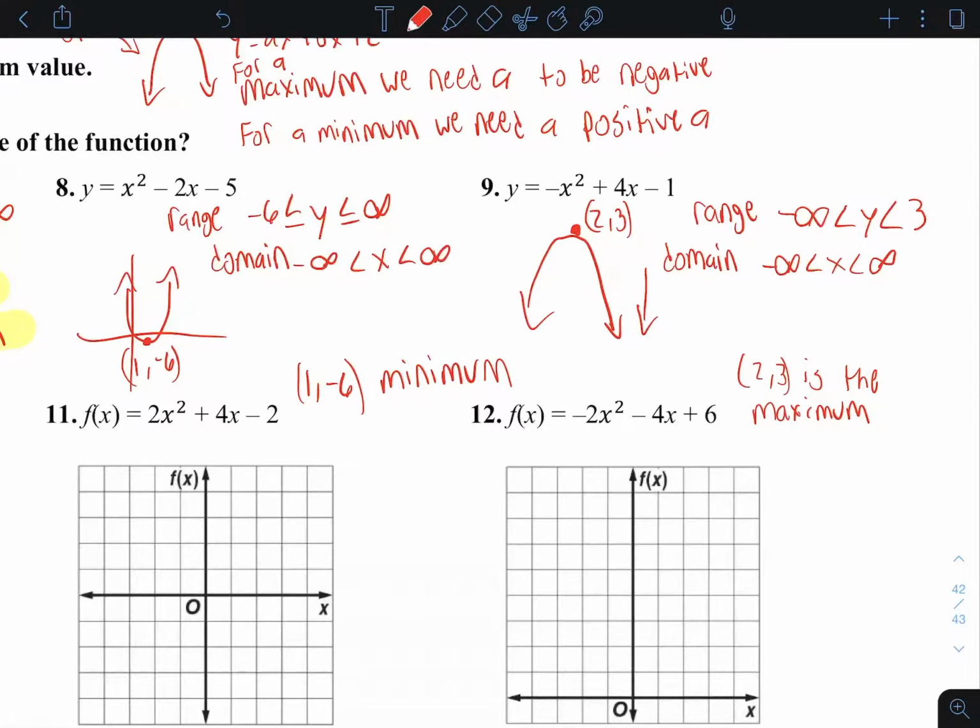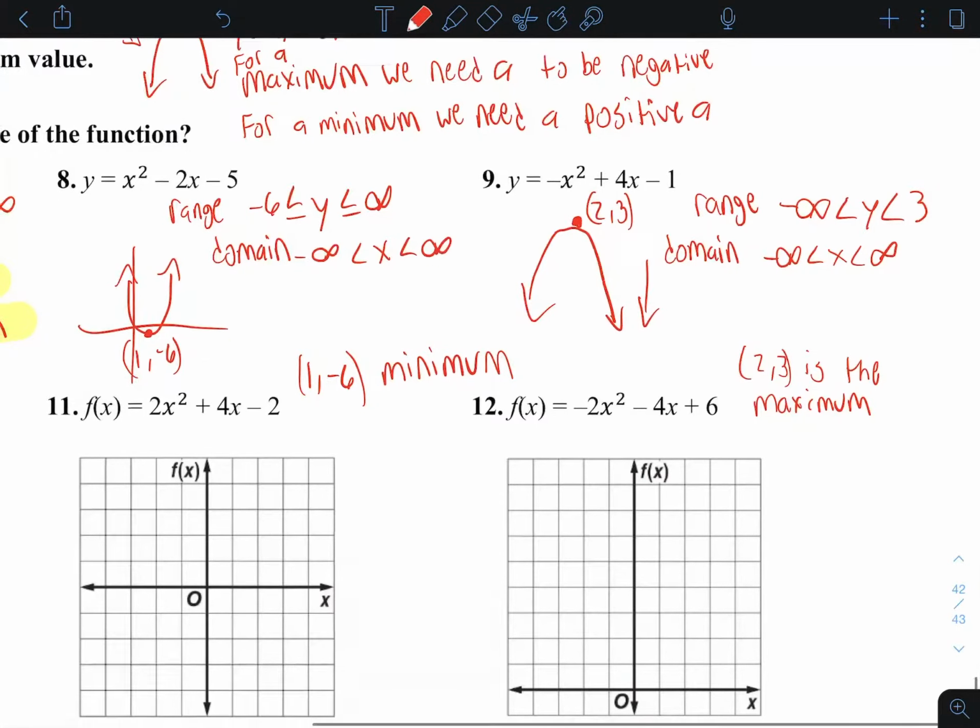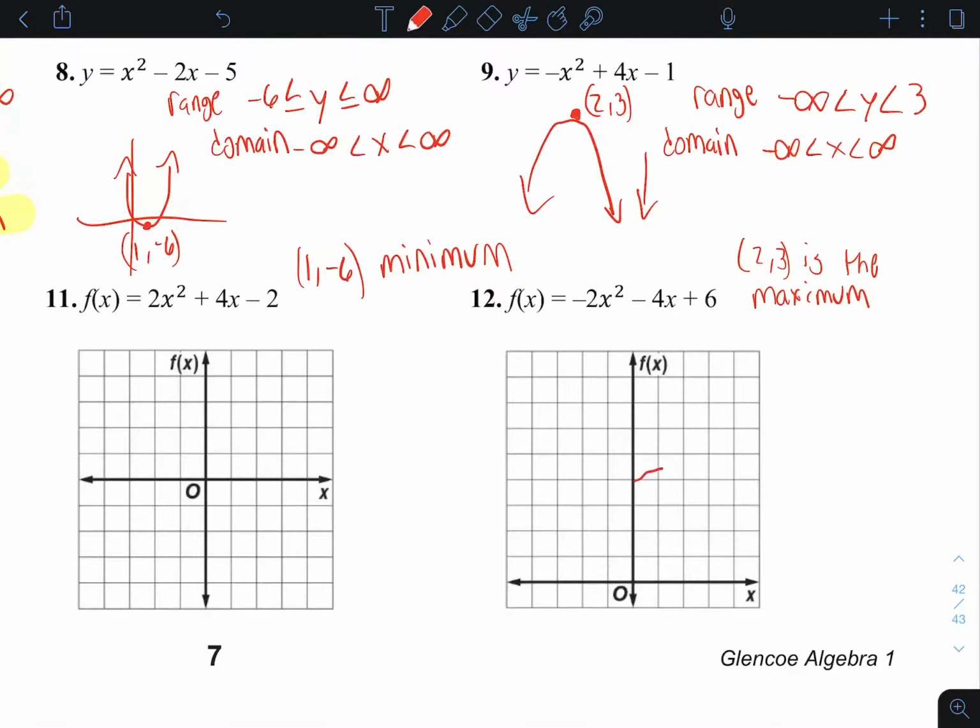So the domain and range for a parabola really only depends on the y of the minimum or the maximum, and that's only going to affect the range. Unless they give you some sort of limit for the x, unless they tell you, if they told you that the graph is starting from 0, then the domain would start at 0 and then go upwards from there.